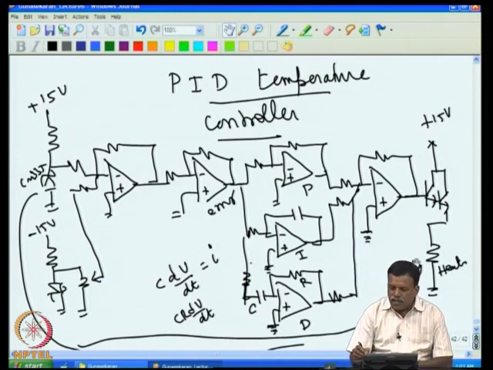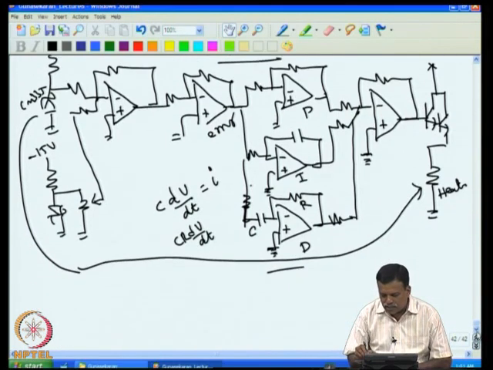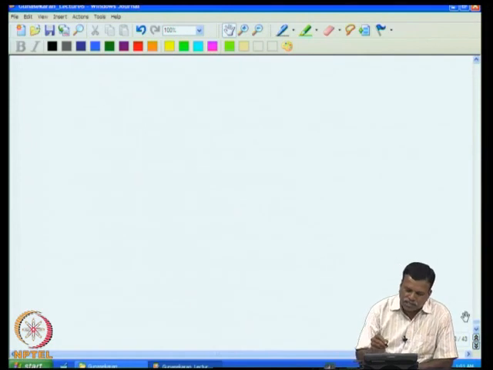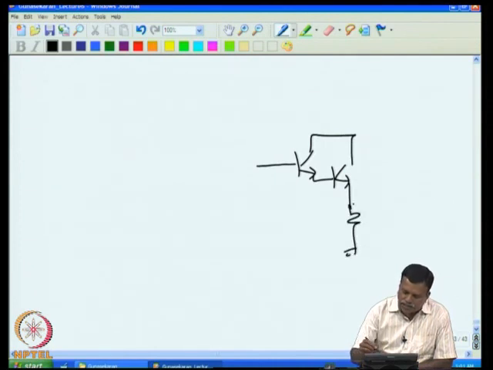I have seen many boys making the same mistake. For example, if the heater voltage is 100 volt, and I connect the heater like this, I put a Darlington pair, connect this to ground, I connect this one to ground, then connect the heater here.